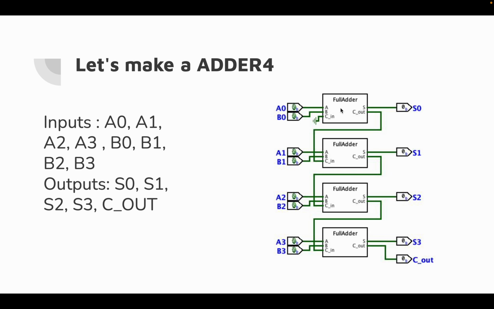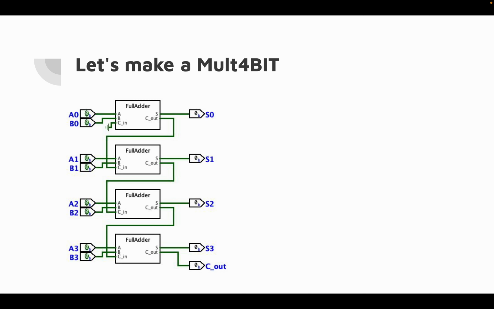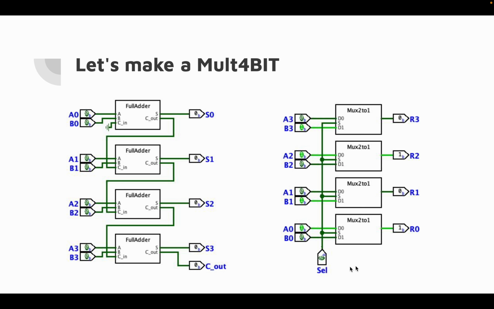For our full adder, we now have our adder 4 created, and if we look back to 7D, we can use our 4-bit multiplexer, since our full adder is going to be in 4 bits as well. Our entire thing is going to be a 4-bit multiplication.